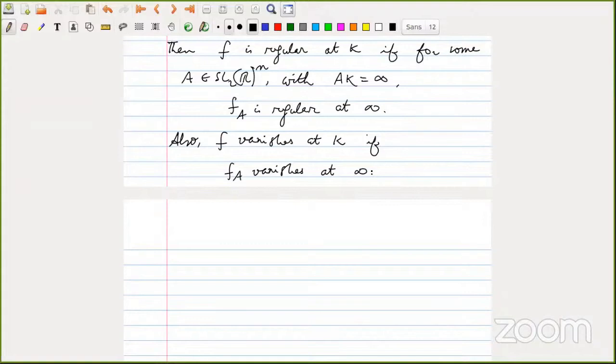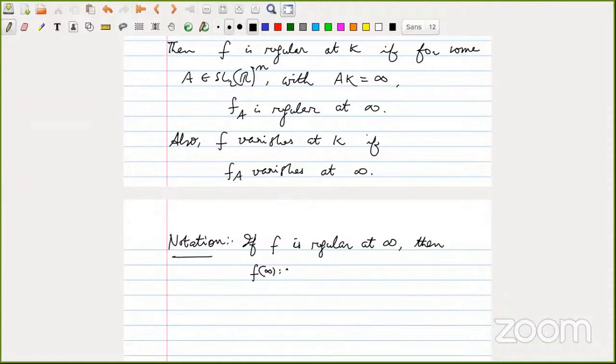Okay, so one thing which has come from these calculations is the following. This is also a notation: if f is regular at infinity, then we can define f at infinity as this number a0.